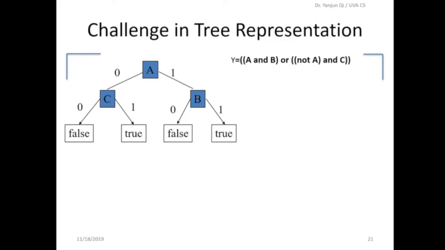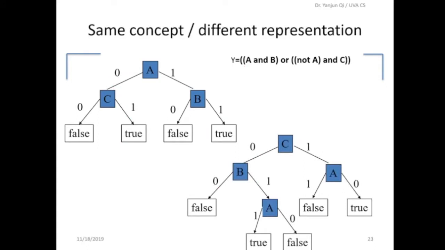I'm trying to represent this Boolean function, A and B, or not A and C, and this balanced tree can nicely represent these decisions. However, this Boolean rule can also be represented as another tree, which means the same type of projection from A, B, C to the y.